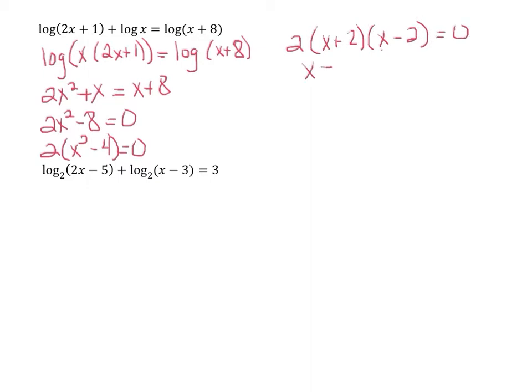So that means x is either equal to -2 or +2. Now, we did figure out that we don't take logarithms of negative numbers, so really x is only equal to 2.